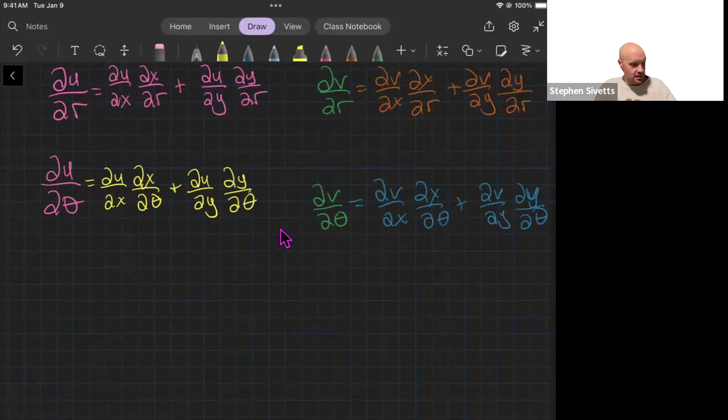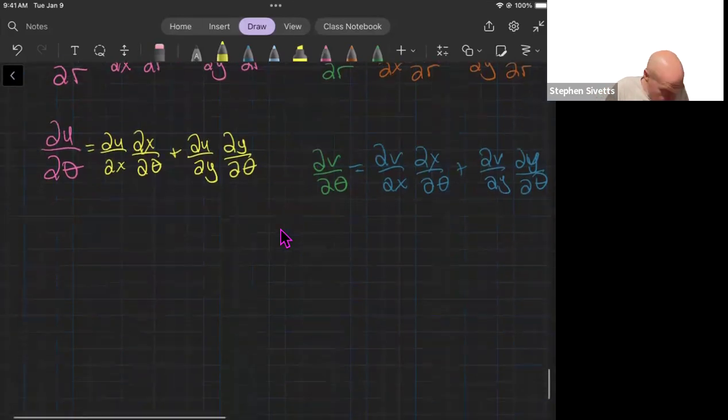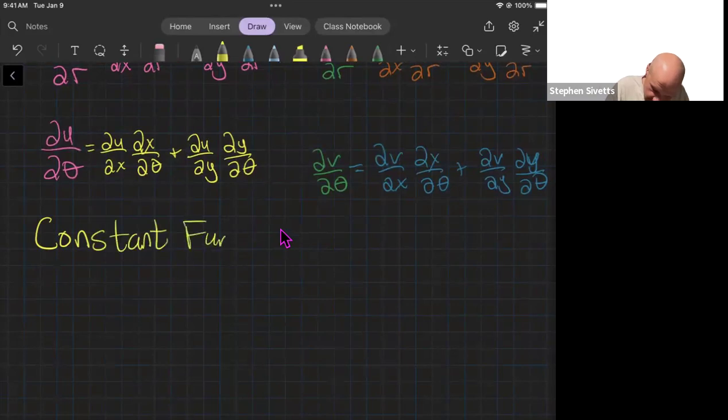All right, so there's one more thing I need to mention in this section, and that refers to when complex functions are constant. So let's look at constant functions.